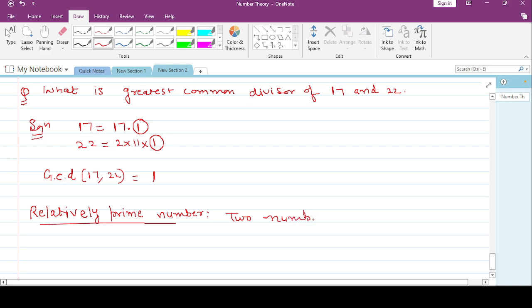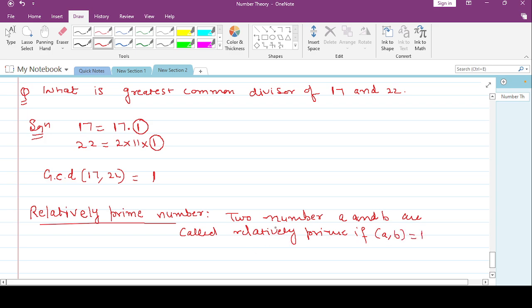Two numbers A and B are called relatively prime if their GCD is equal to 1.